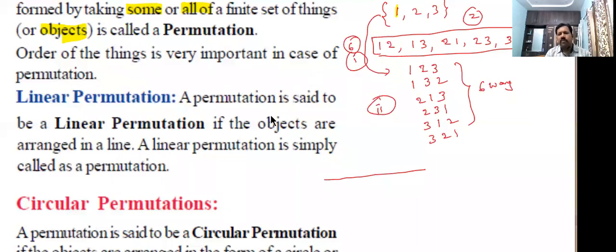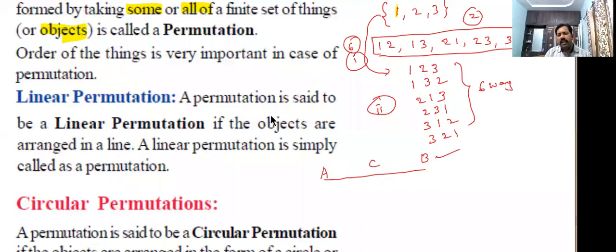Different cases are possible generally. One particular person sits on this corner side, another person sits in this corner, one of the persons is sitting in the middle, like that. So this is one example of linear permutation.